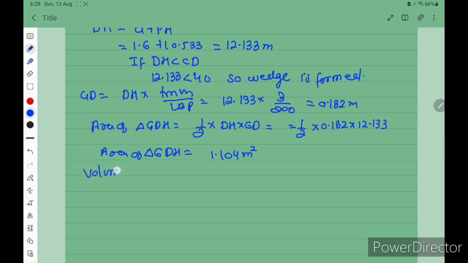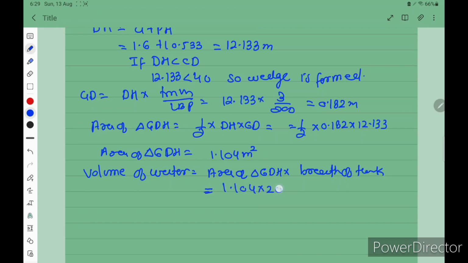Now volume of water is area of triangle GDH into breadth of the tank. So 1.104 into 20, so we get the value 22.1 meter cube.